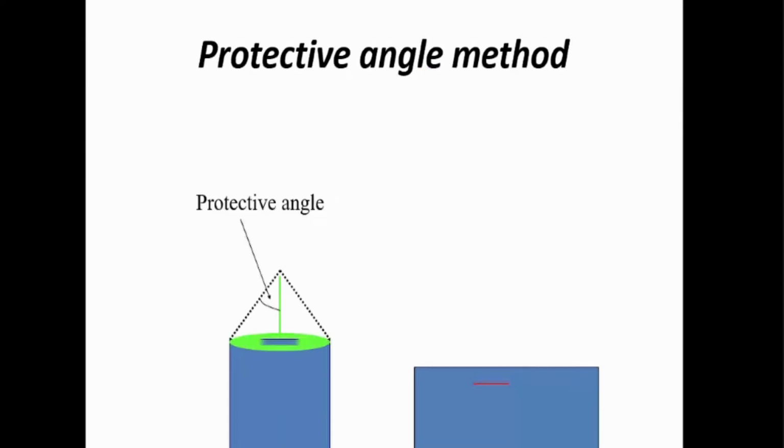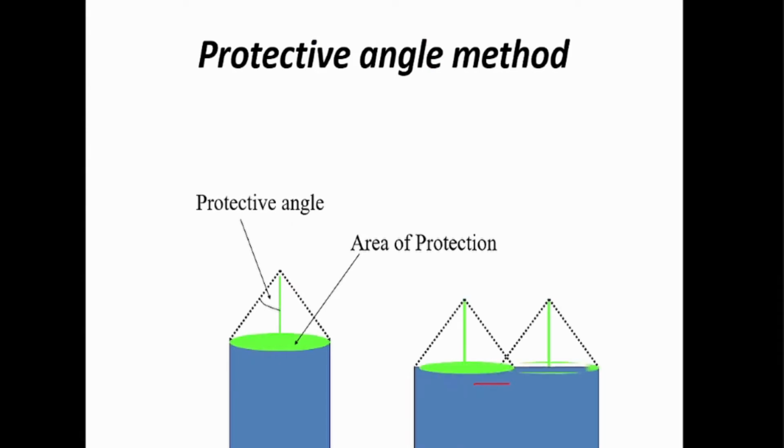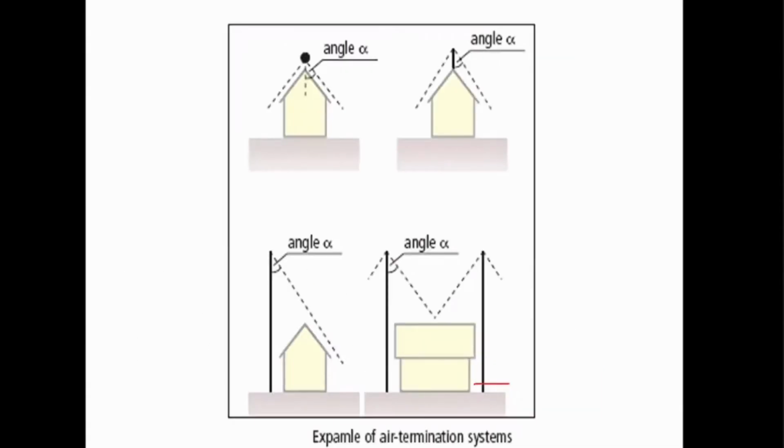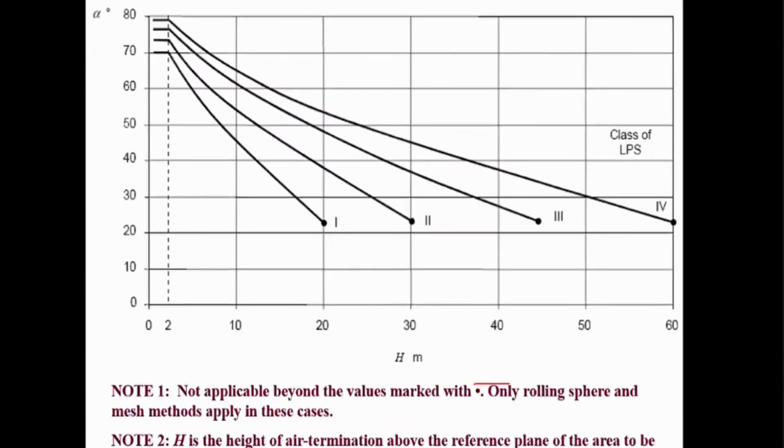And just to show it graphically, sometimes you need 1 air termination, sometimes you need 2 air terminations, and a few diagrams. And this table shows how we are determining the protective angle. Now you see that this is directly from IEC 62305-3 2010.